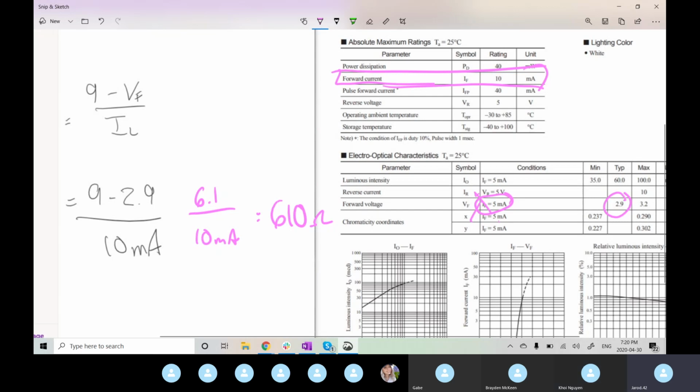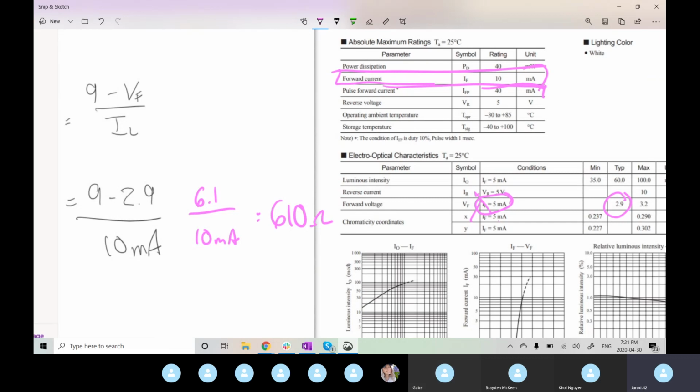Yeah, so to everybody that didn't, using other values, why wouldn't we use the 40 milliamp value as your current? Because that is the absolute rating for peak pulse current.